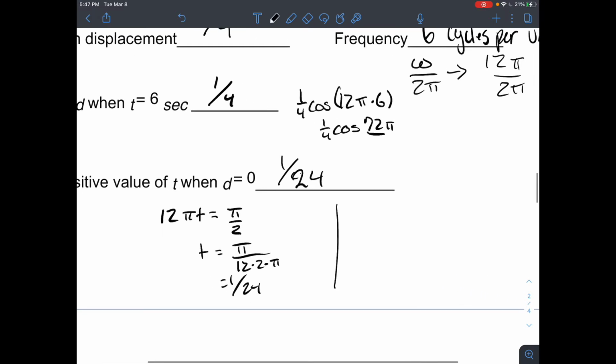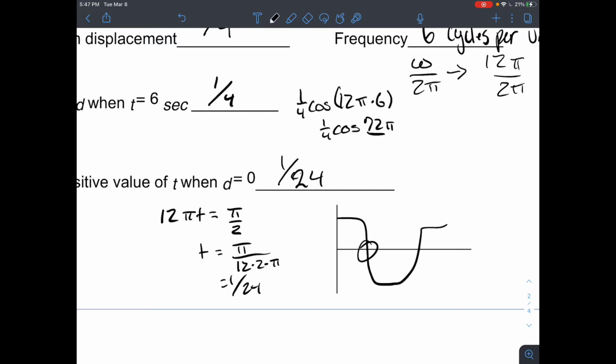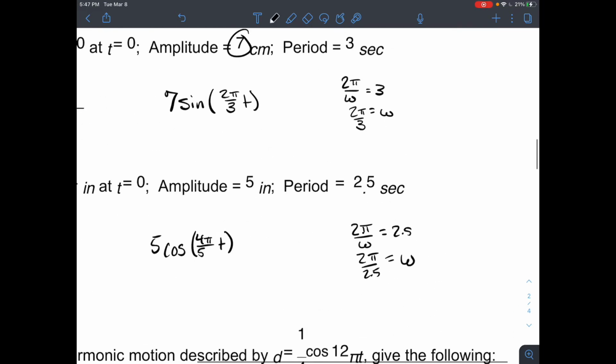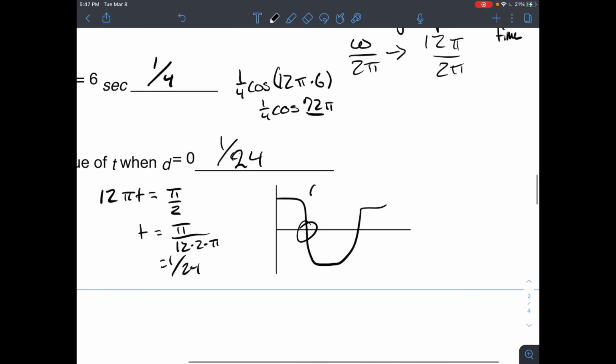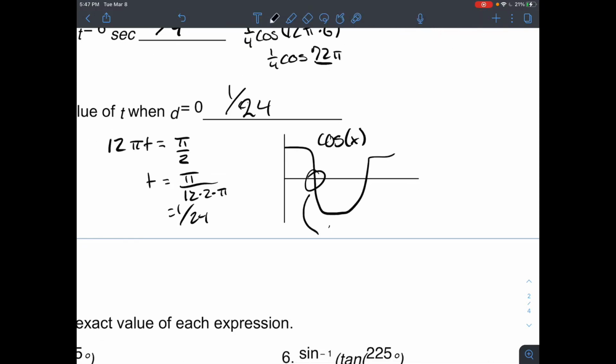You could also think about it, because we have cosine, it's going to be at this point. Cosine of x, this is what this is in general, but at this point, this is cosine of pi over 2. So we need to set this part equal to this part.